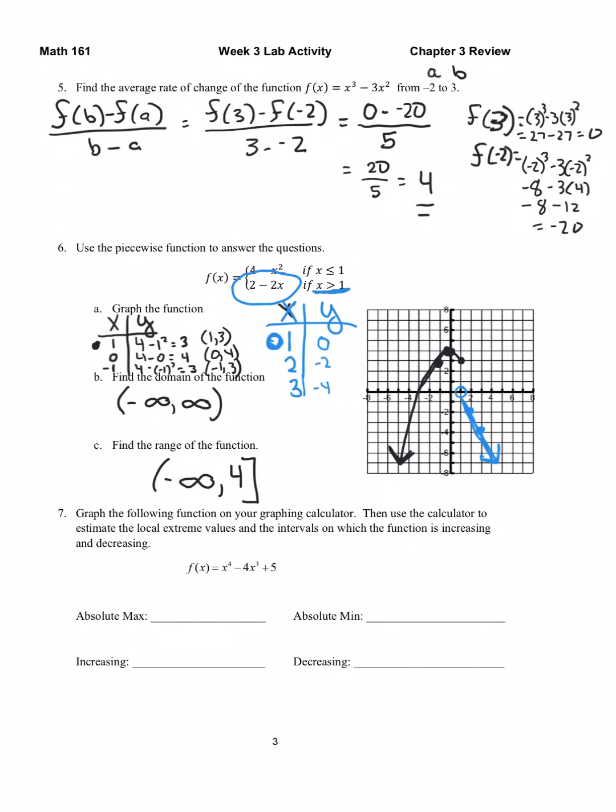If we take a look at number 7 and we graph this on our calculator, we will end up getting a graph that looks maybe something like this. We'll learn that since the leading exponent of the degree is a 4, this is going to be its end behavior here. So there is no absolute maximum for this problem.